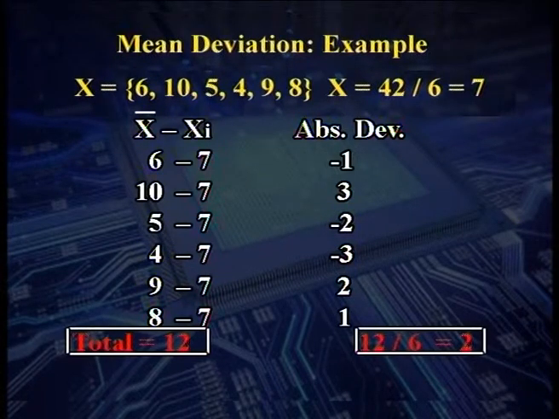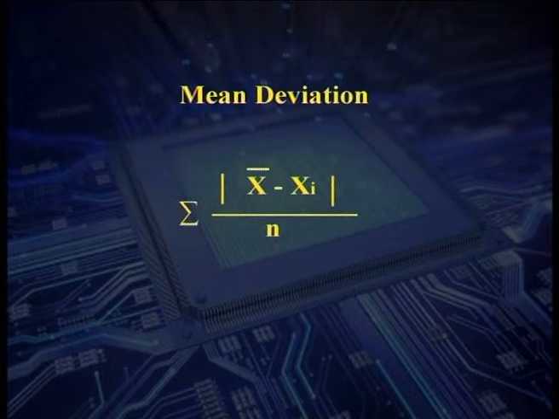Why we calculated the average initially is that the mean is needed to calculate the mean deviation. You need the average to calculate the mean deviation. That is why we have taken it, because the formula is what? The formula is summation of the absolute value of xi minus x bar, divided by n.